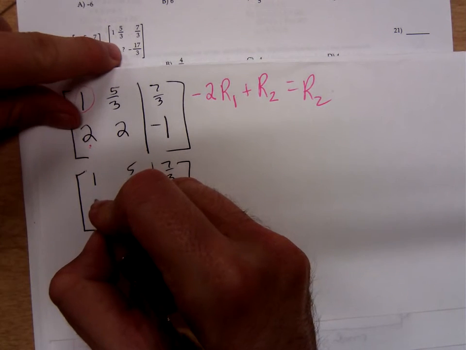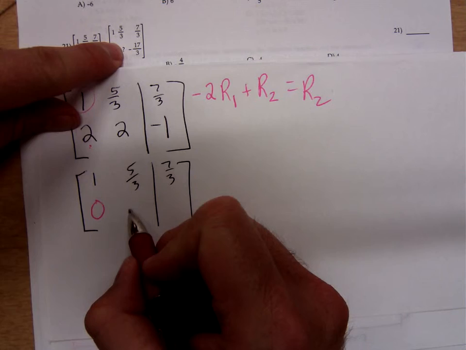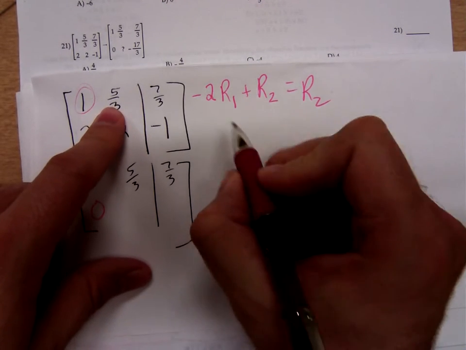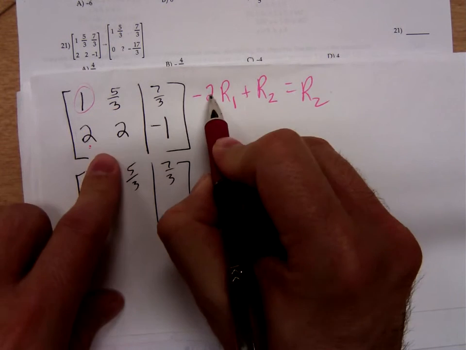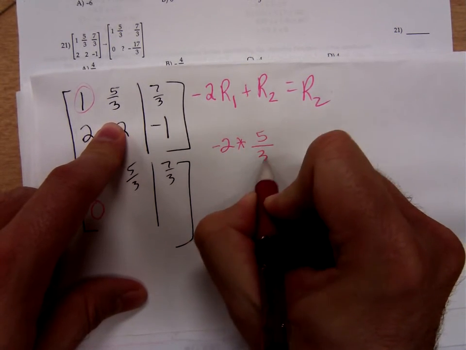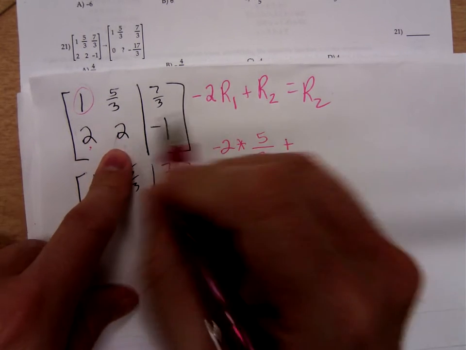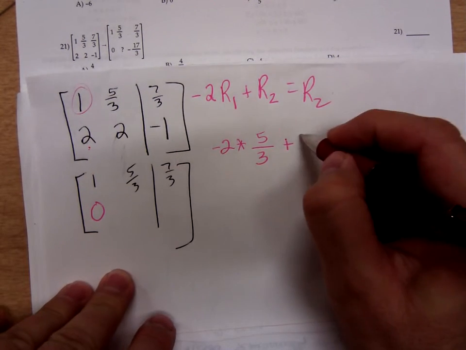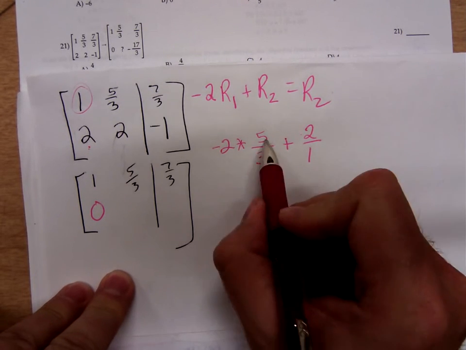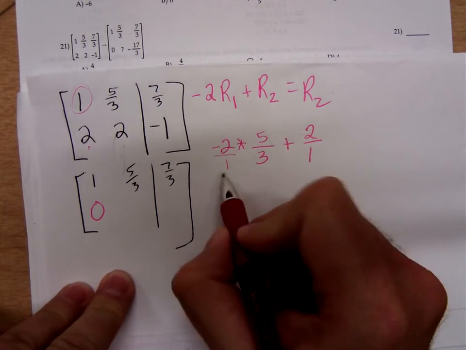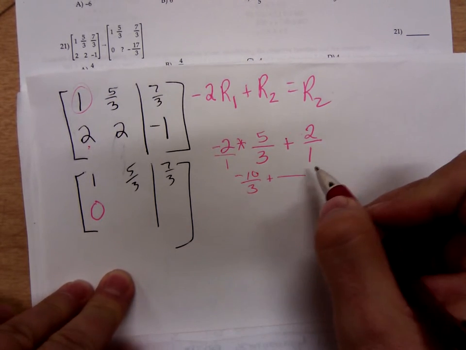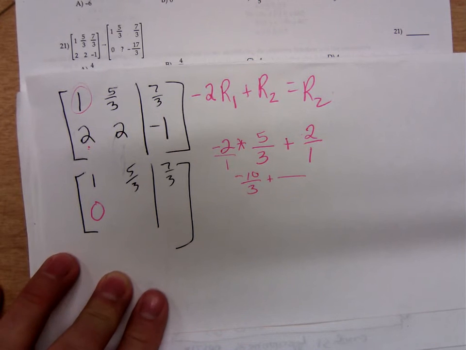Now, the next entry is the one that we need. So I'm going to write out the operation. It would be negative 2 times 5/3 plus this 2 here. I'm writing that as 2 over 1 because I'm about to get a common denominator. This would be a negative 10 over 3 plus, how would I write that 2 over 1 with the denominator of 3?